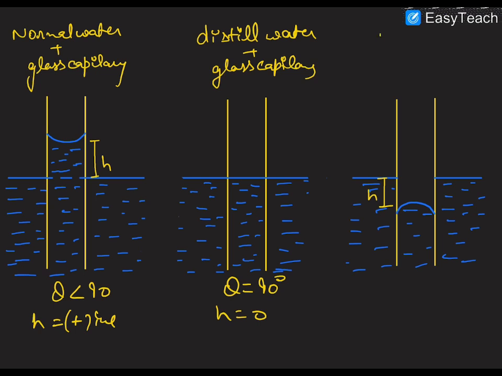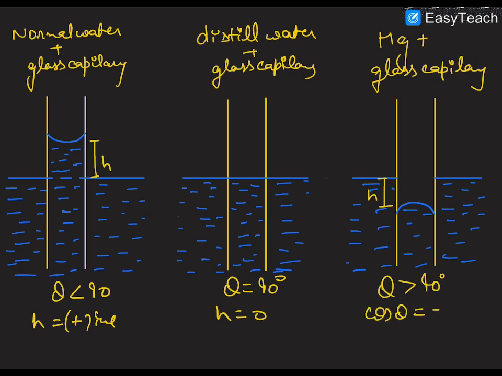Now if we talk about Hg plus glass capillary, that is mercury and glass capillary, we have already discussed that the angle of contact is greater than 90. It is obtuse, and cos theta at obtuse angles is negative. So H will be negative, which means that mercury will depress below the outer level of the liquid inside the capillary.